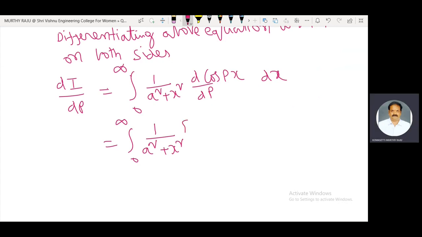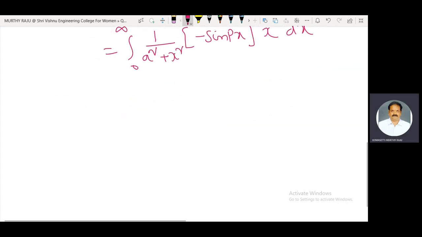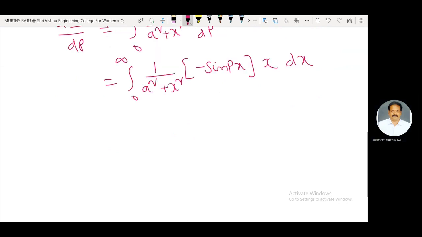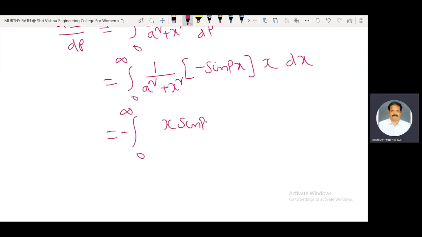Differentiation of cos px is minus sin px, and the differentiation of px with respect to p is x, into dx. That is equal to integral 0 to infinity minus x sin px by a square plus x square dx.